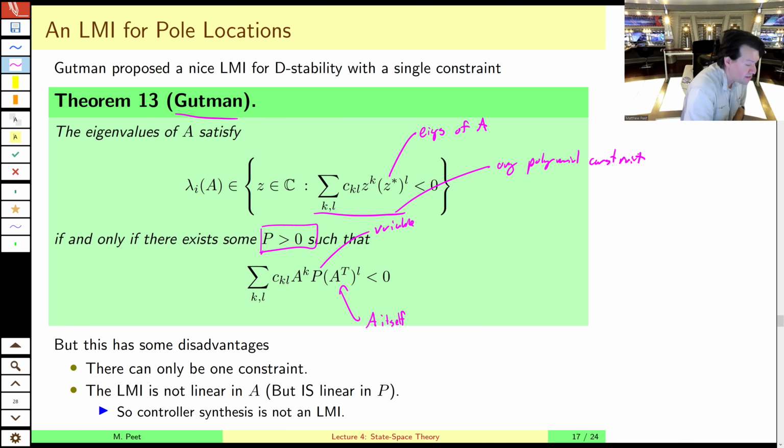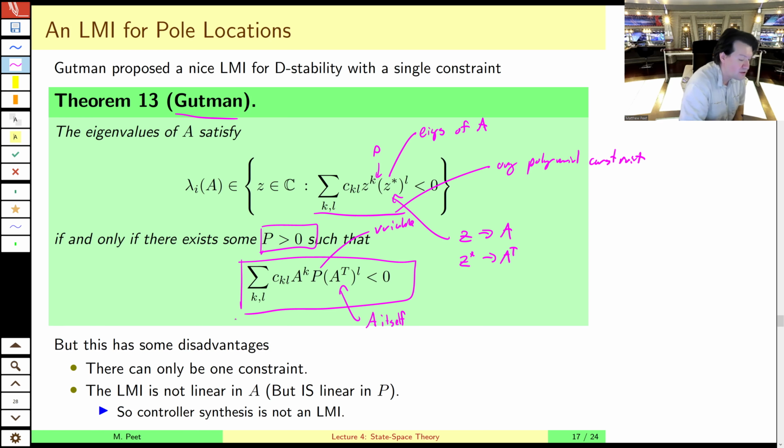Well, you take your constraint on the eigenvalues, and you put a little p in here. You replace z with A, and of course z star goes to A transpose, but otherwise it's unchanged. And through some miracle of mathematics, this LMI constraint, when you've done the substitution, is equivalent to the constraint on the eigenvalues themselves.